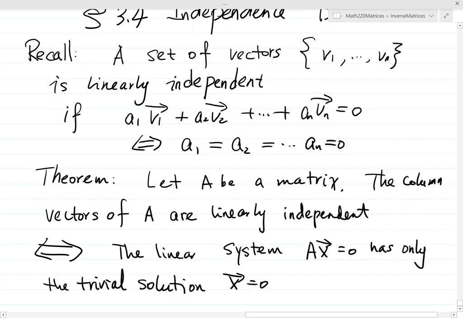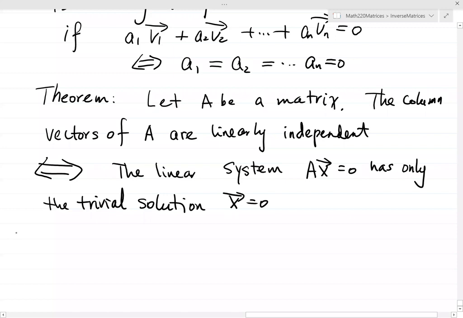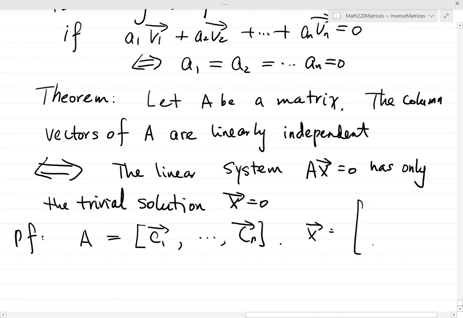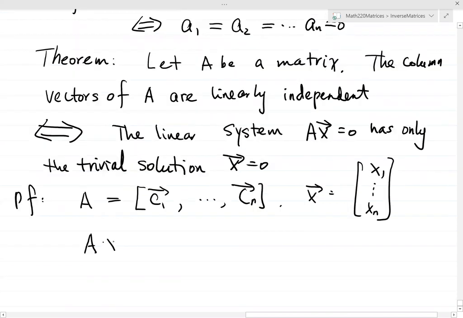Now this is very easy to see. If you write A in the column picture, with columns C1 through Cn, and X as X1 through Xn, then the matrix A multiplied by the vector X will be X1 C1 plus X2 C2 plus ... plus Xn Cn. This is the 0 vector.